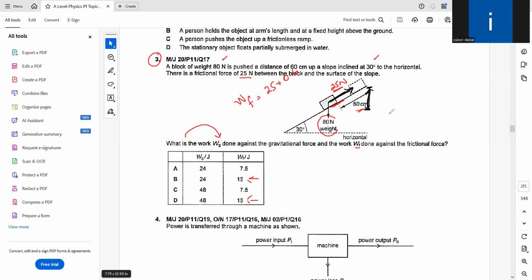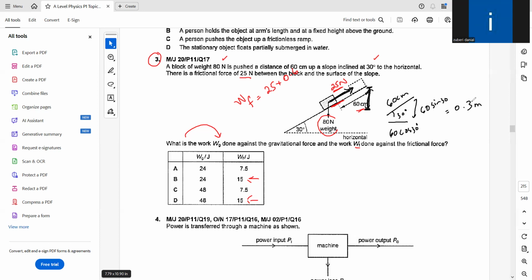So if this triangle has a 60 centimeter length here and this angle is 30 degrees, this height is going to be 60 sine 30, right? So 60 sine 30 would be, we can say 0.6 sine 30, because we are going to convert it into meters anyway.